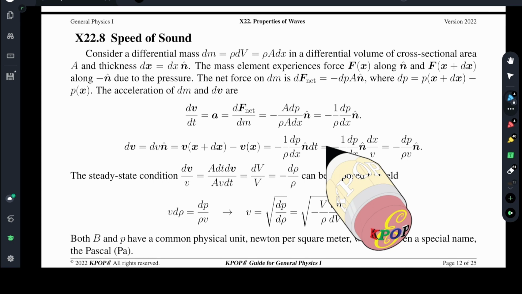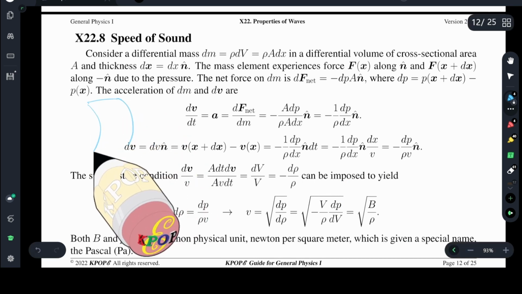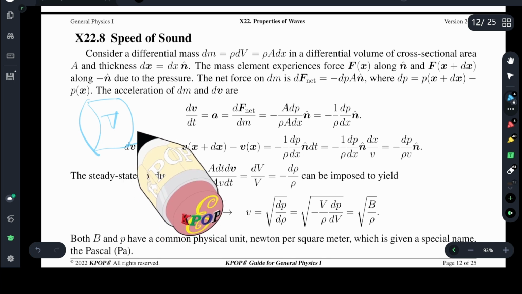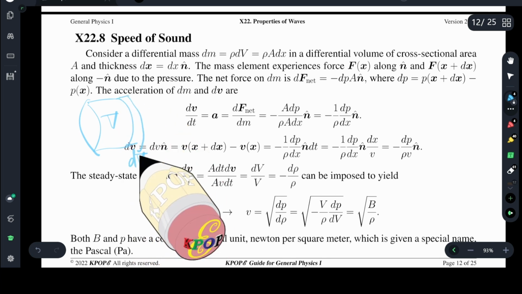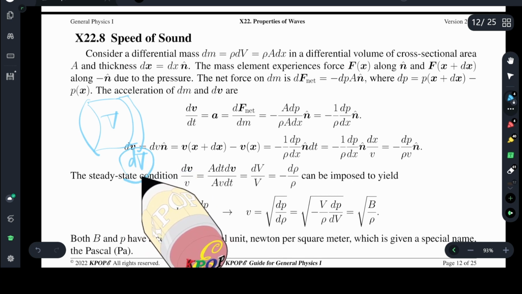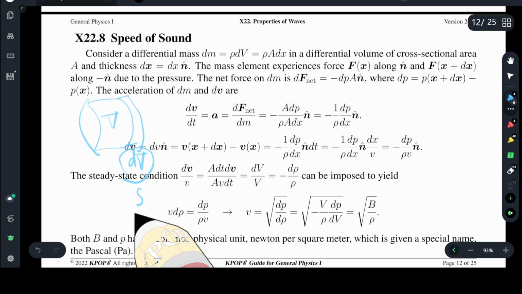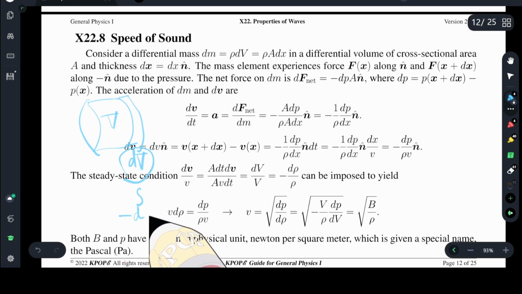With these relations, we can construct the equation of motion for the air contained inside this volume. This is a volume V, and a slight change in volume dV. If dV appears, it is proportional to minus pressure, minus density.